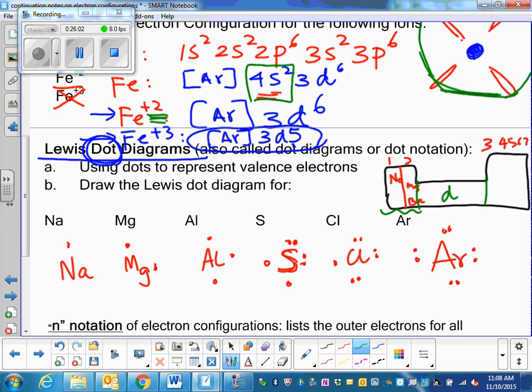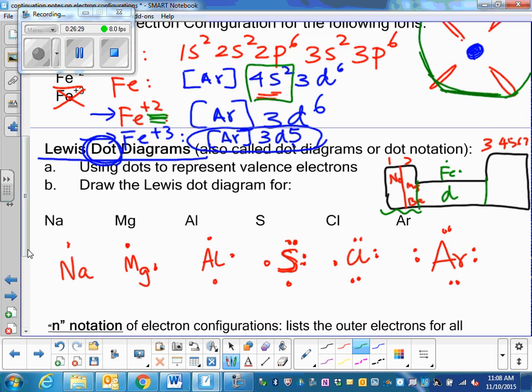In general, we say all D block elements will have how many valence electrons? 2, because those are the 2 that get pulled out first to make the ion. Does that make sense? So any D block element can be denoted with 2 valence electrons, but sometimes it can reach in and you can take the 3rd electron out. For a Lewis dot structure, just put 2 if they ask you a D block. Does that make sense? Do you understand?